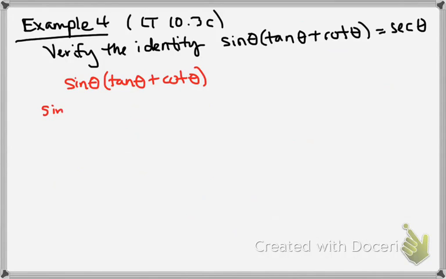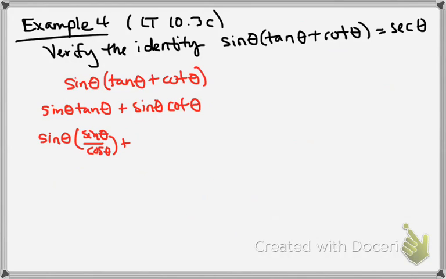So the sine of theta times the tangent of theta plus the sine of theta times the cotangent of theta. And then I'm going to switch everything into sines and cosines. Tangent, remember from earlier, is sine over cosine, so it becomes the sine of theta over the cosine of theta, plus sine of theta times cotangent, which is the cosine of theta over the sine of theta.